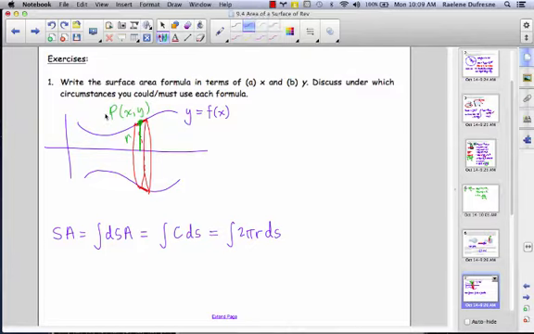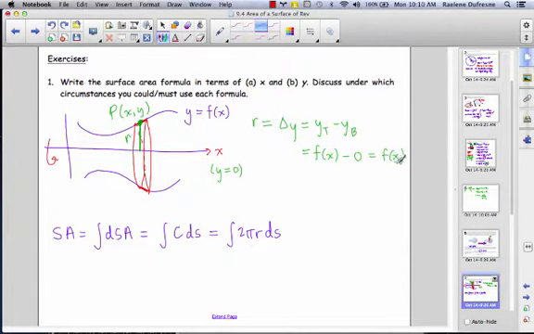If we're revolving, as we showed here, around the x-axis, then we have that our radius is equal to a change in y, and revolving around the x-axis, which of course is the equation y equal to 0, says that we have the y-coordinate called f of x, y top minus y bottom, is going to be f of x minus 0, which is f of x.